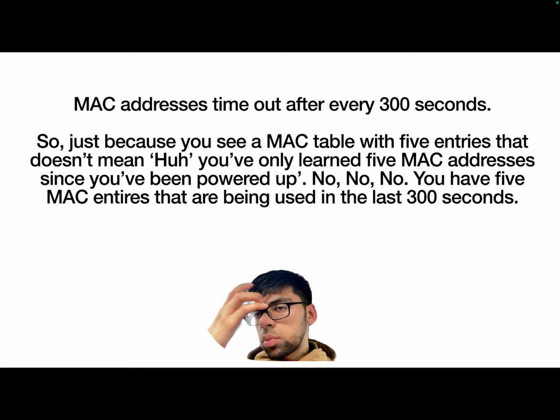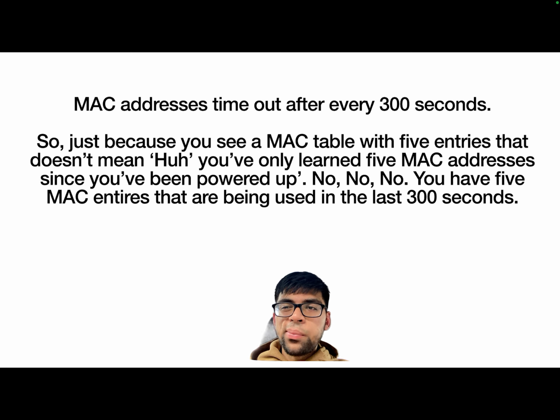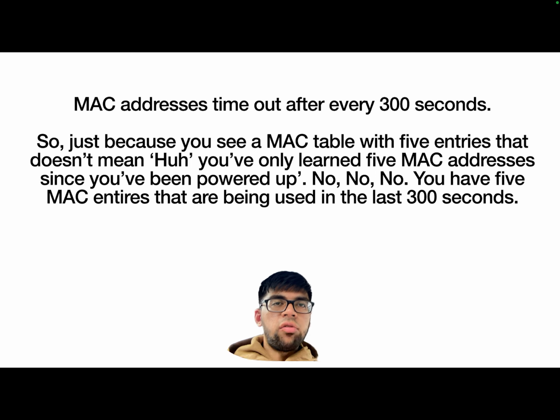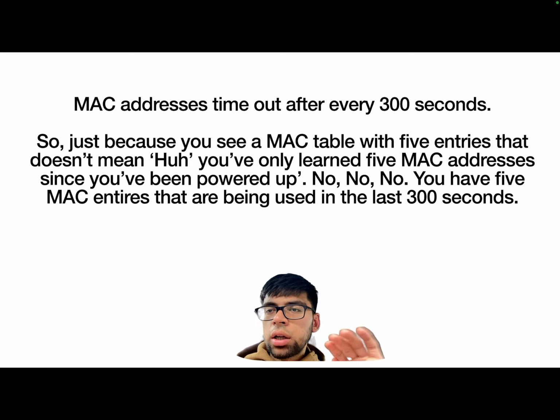So this is something that can be a point of confusion and I think a real trap. If we don't remember this in the exam, we can easily lose marks in questions. So it's important to remember aging time is by default 5 minutes, 300 seconds, and that means MAC addresses can be cleared out regularly.